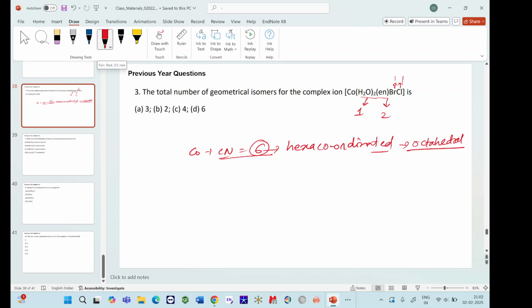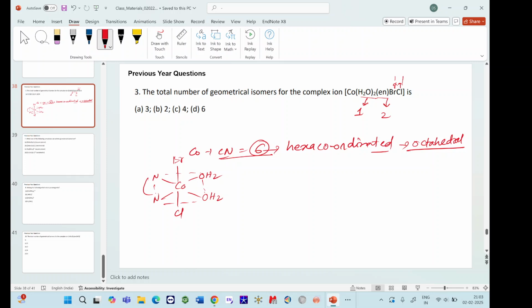Okay. So do you have any idea how many geometrical isomers will be there? Let me draw the complex for you. Okay, so this will be the complex like this.